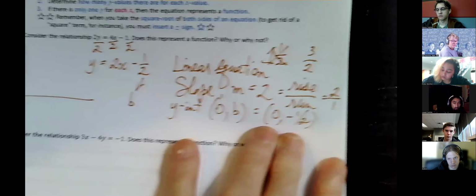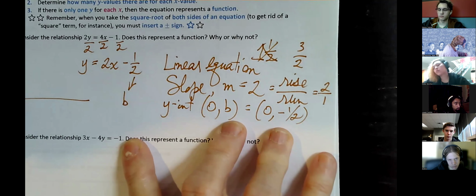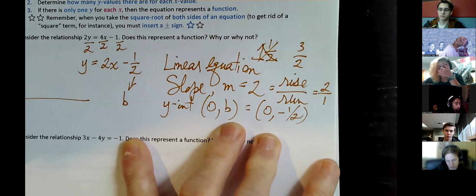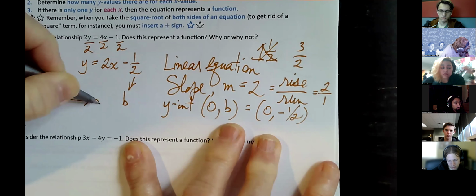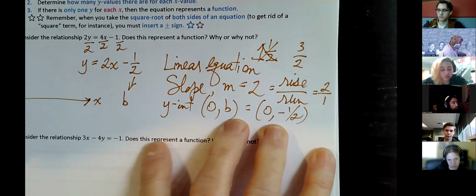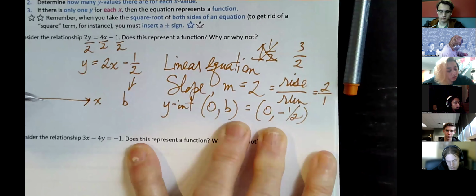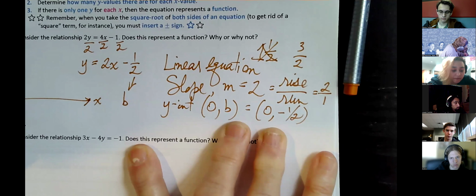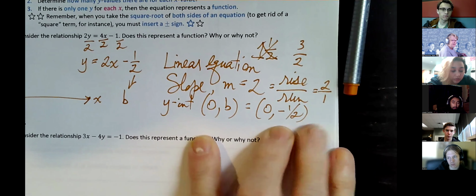We're going to start with the y-intercept. We go to 0 and then what would that be? Negative 1, negative 2. So negative 1/2 is here.